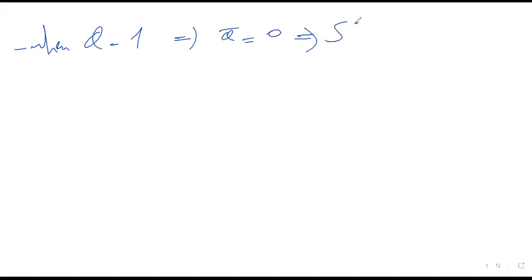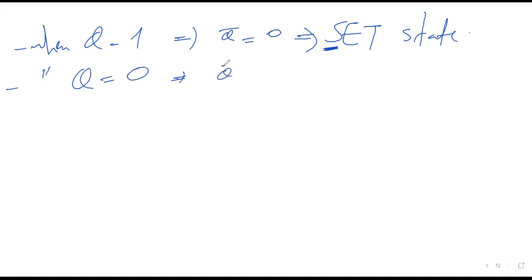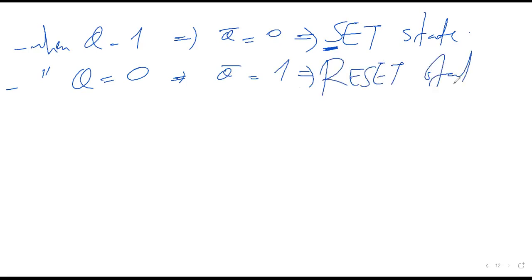This means we have what we call the set state. When Q is equal to 0, it means Q bar is equal to 1. It means we have the reset state. I'm thinking this is where the name came from: SR latch, set and reset.